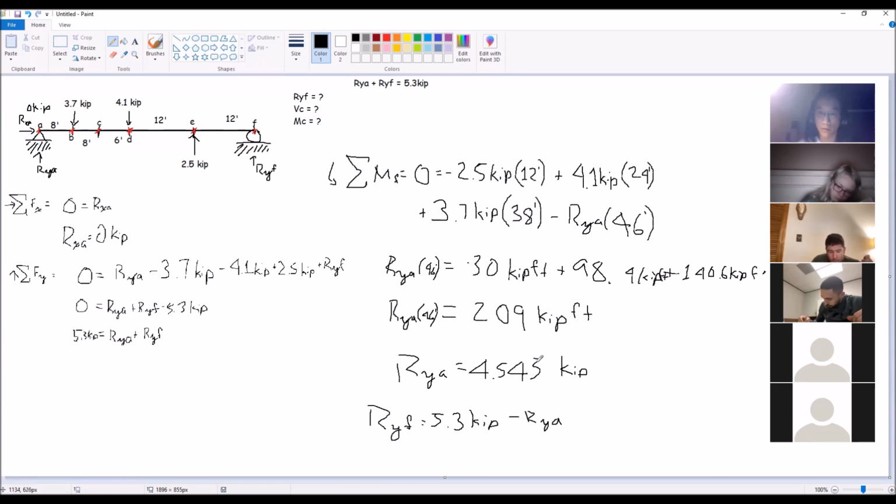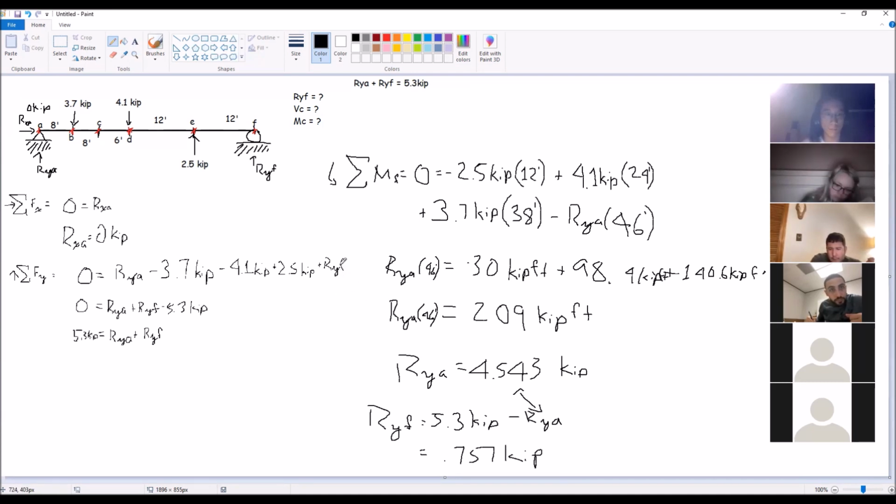And RYA we have is this term right here, so we're just going to plug that in. RYF equals 5.3 minus 4.543, and you should get 0.757 kips. Yep.